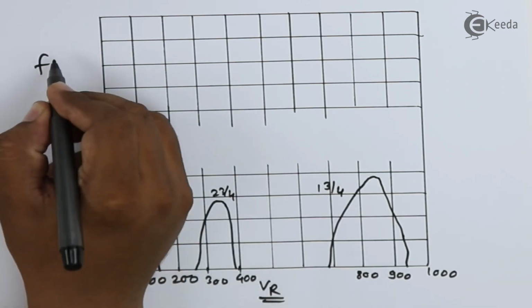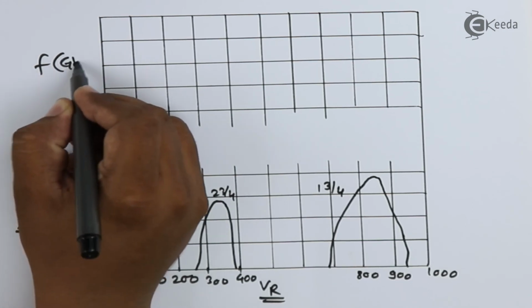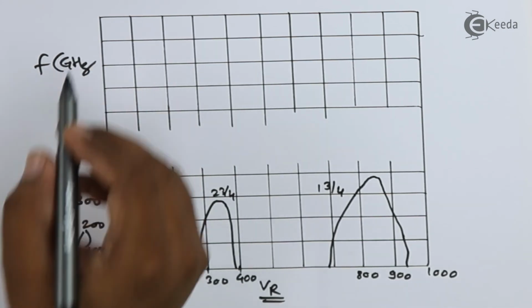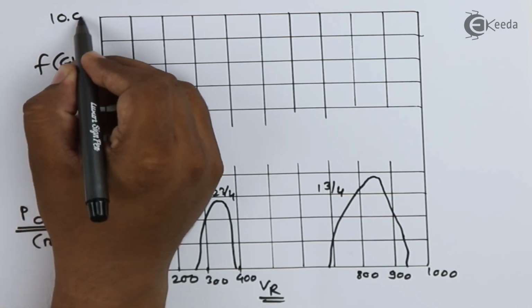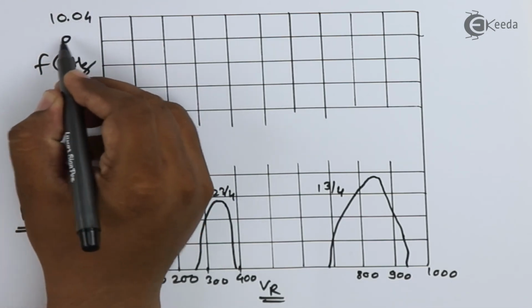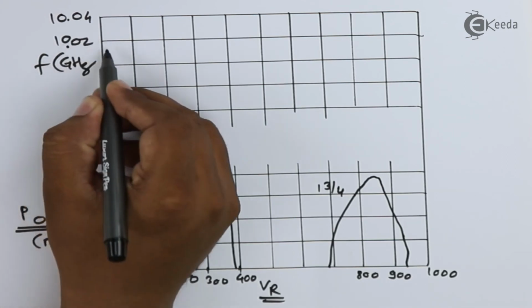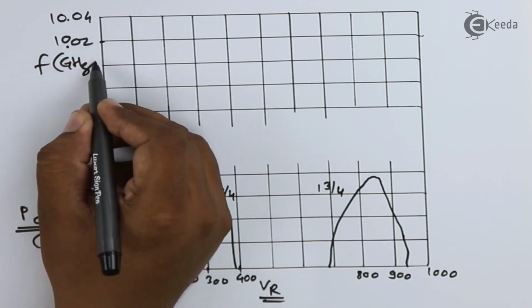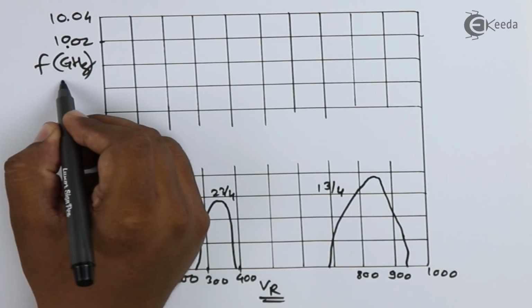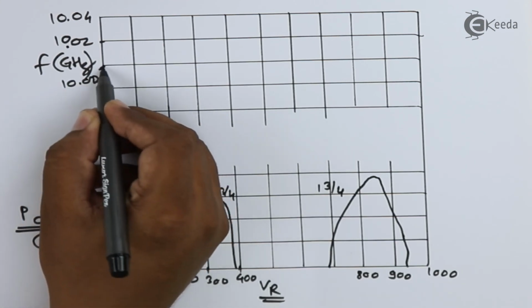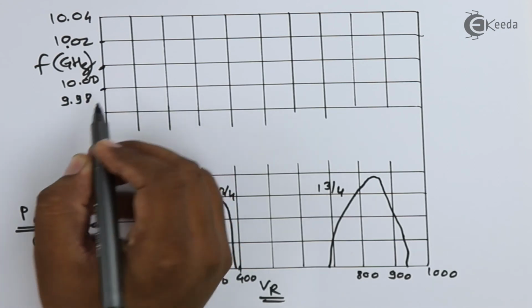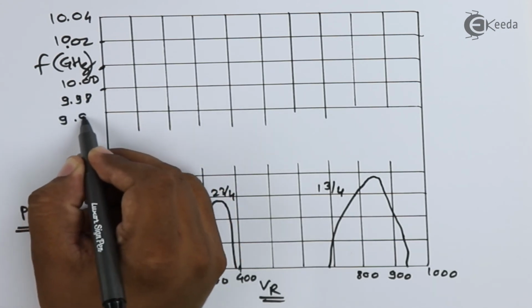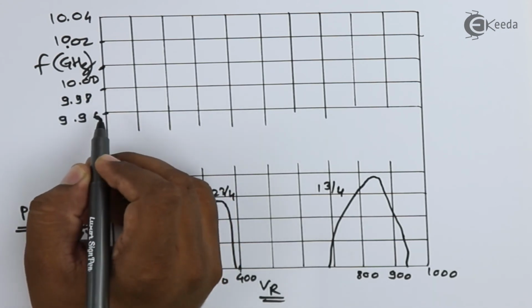So here we write frequency in gigahertz. So this value will be the maximum in the graph here, 10.04. This will be 10.02. This will be 10.00 for this marking. It will be 9.98. Similarly 9.96 we can have here.